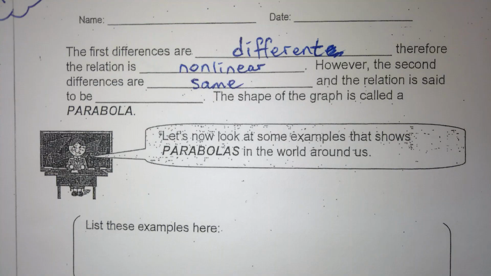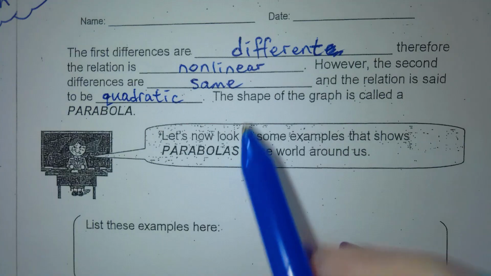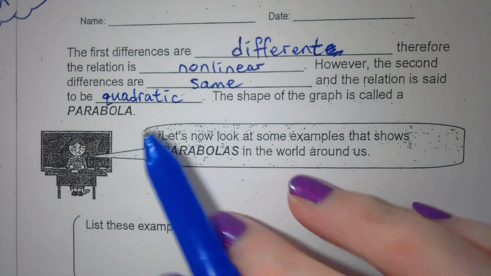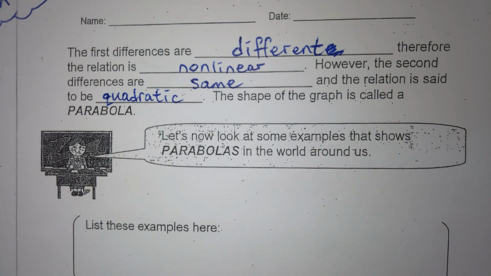Linear is when its first difference is the same. The shape of the graph is called a parabola. I know you guys have heard of this term before. So a parabola is a type of quadratic function, a special type of curve.